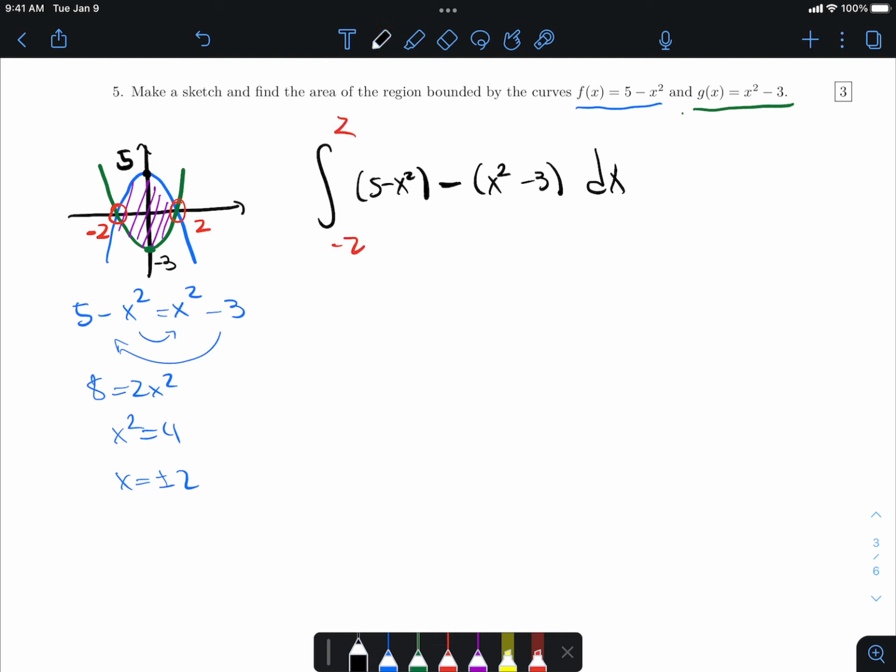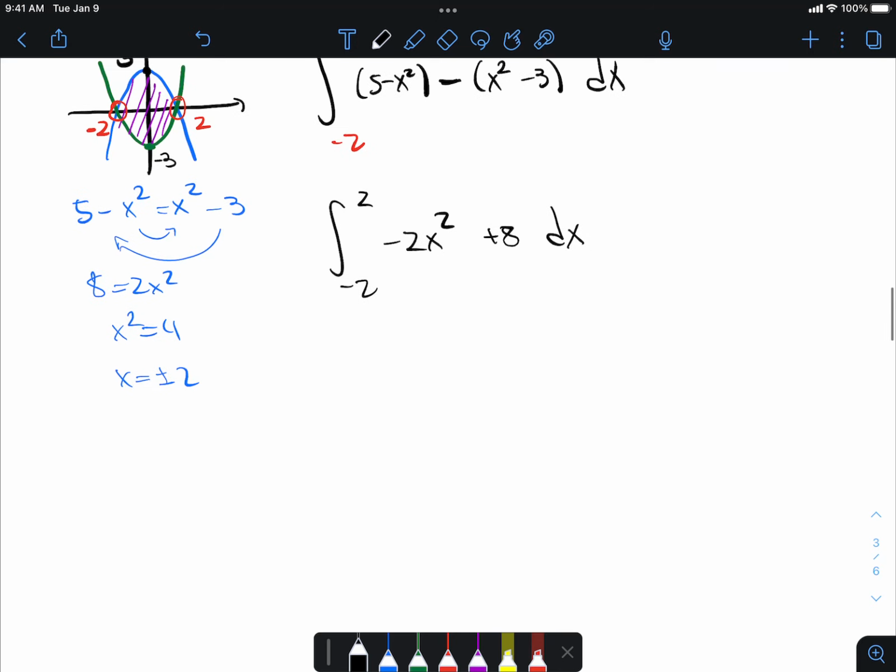Now I can just continue and figure out what the answer is. This is the integral from minus 2 to 2 of minus 2x squared plus 8, combining like terms. And then if I continue, that is anti-deriving, x cubed over 3 plus 8x, evaluated from minus 2 to 2.